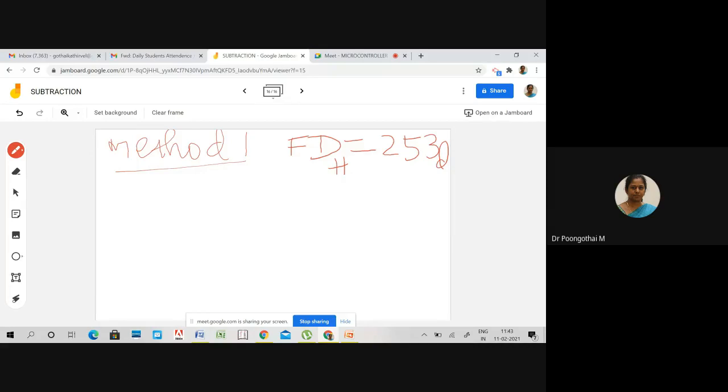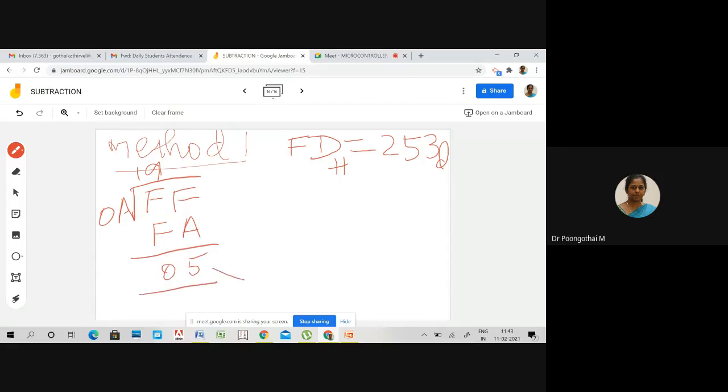So the procedure is you have to divide this by 0A. That is method number 1. FD divided by 0A. After division, your quotient is 19 and the remainder is 3.